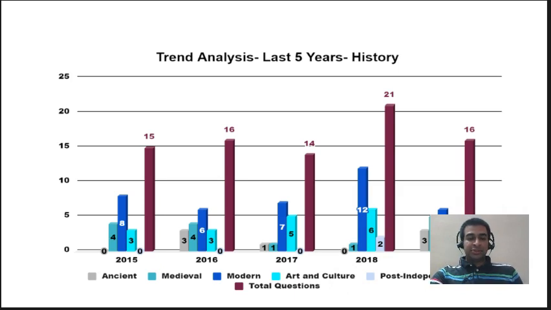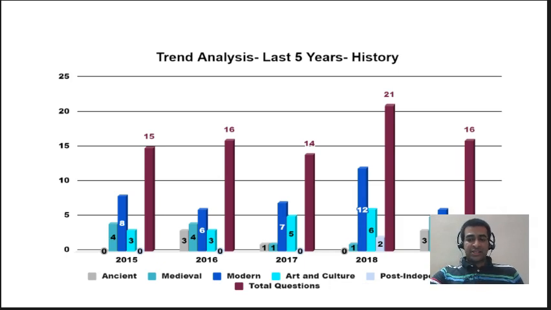Because of these new topics, the weightage for the static topics such as history and geography was declining. And when we say declining, again, it is not that we can ignore it, still we can pass the prelims. As we know, prelims has become very highly competitive. Now, even a single question you cannot afford to miss.